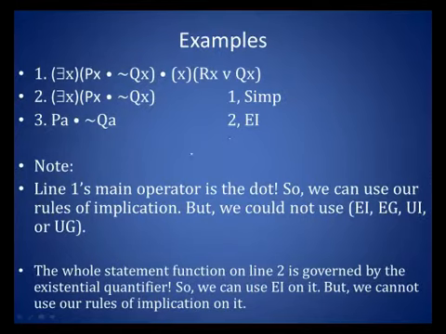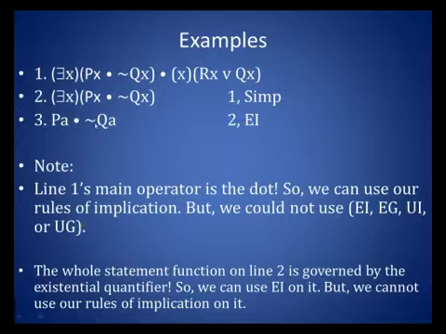So the easiest way to think about this is if my main operator is a quantifier, as in line 2, then I can do EI, EG, UI, or UG, but I cannot use my rules of implication. Okay? If my main operator is a quantifier, I cannot use my rules of implication.